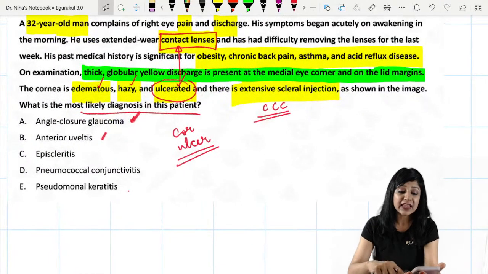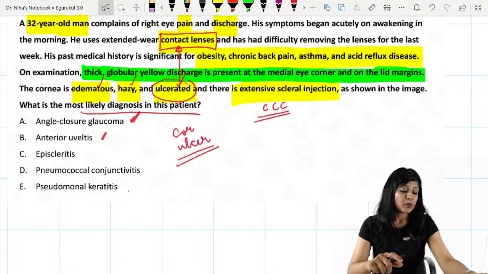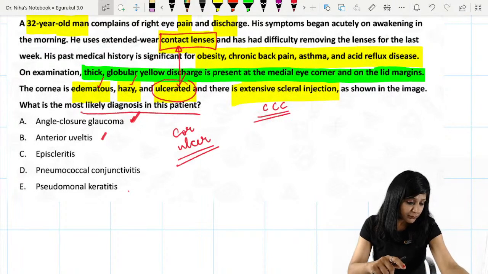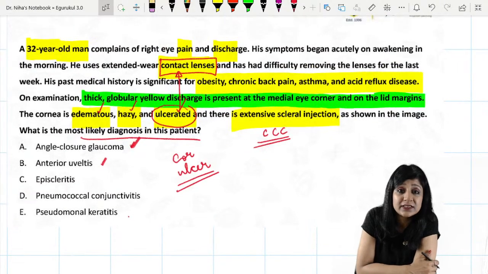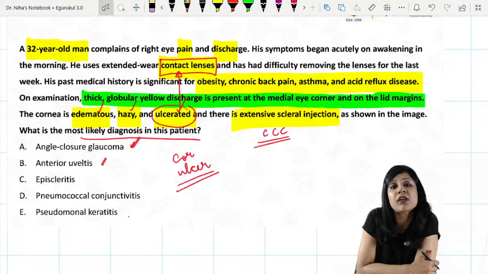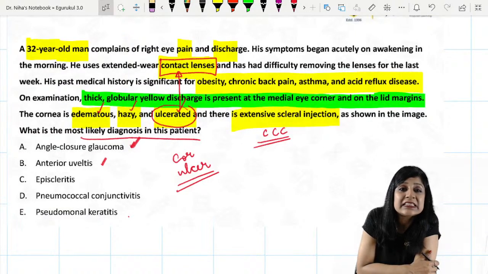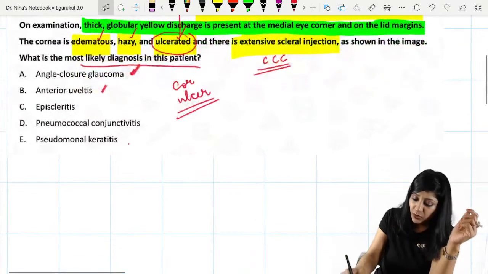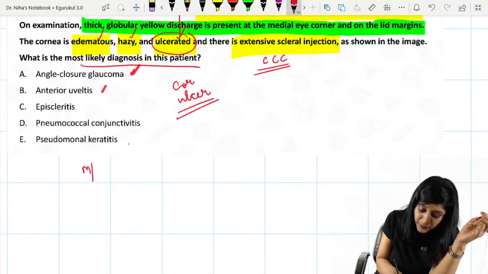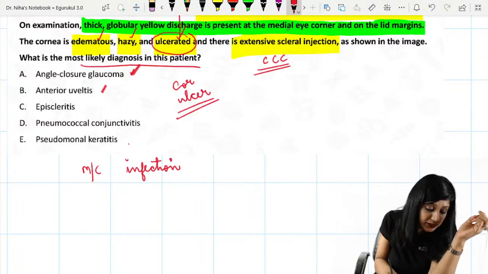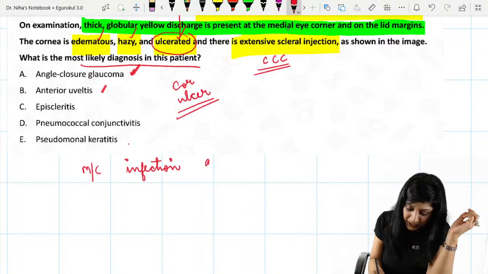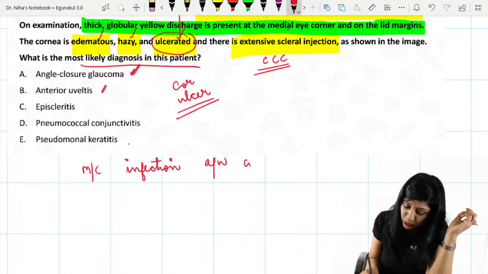Can you tell me the next best answer here? Good evening, Robin. So if a person is having a corneal ulcer, an infection of the cornea, after contact lens use, what is the first thing that you are going to think? What is the most common infection associated with the use of contact lenses?